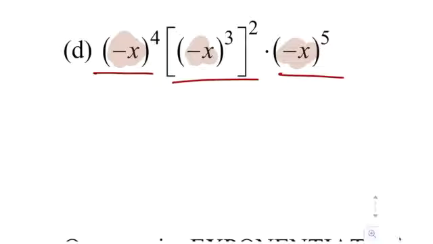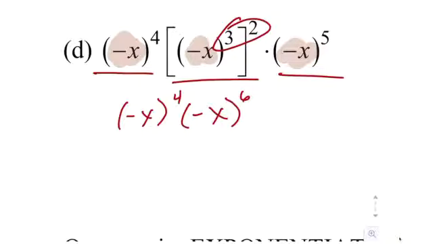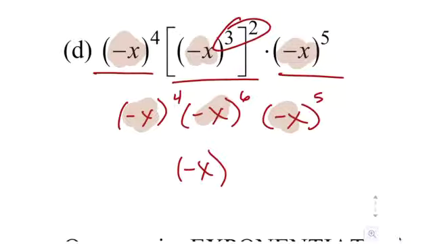I'm going to focus on the middle factor and raise a power to a power. We get 6 and then negative x to the 5th. So the first factor group and the last factor group, I'm just rewriting. I chose to do that. I could have done it the other way. But now, because they're all in parentheses, they're all the exact same base. So when we're multiplying and the bases are the same, what do we do with the exponents?